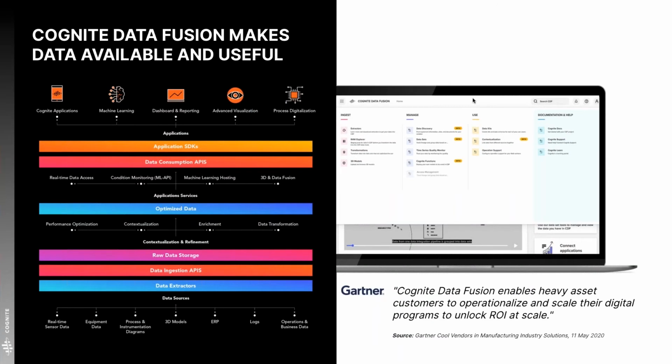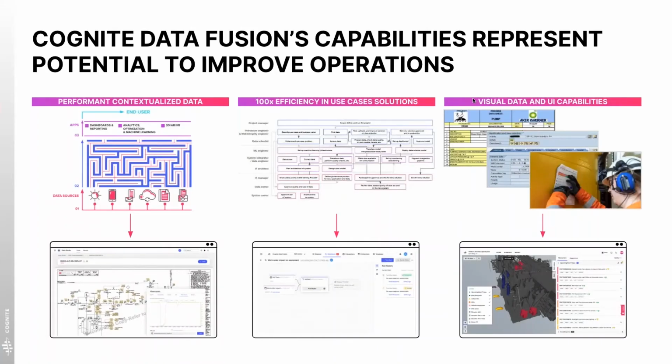Cognite Data Fusion makes data available and makes it useful, and those capabilities represent potential to improve operations through performant contextualized data, through efficiency in solving use cases and getting to digital improvement, and also visual data and user interface capabilities.